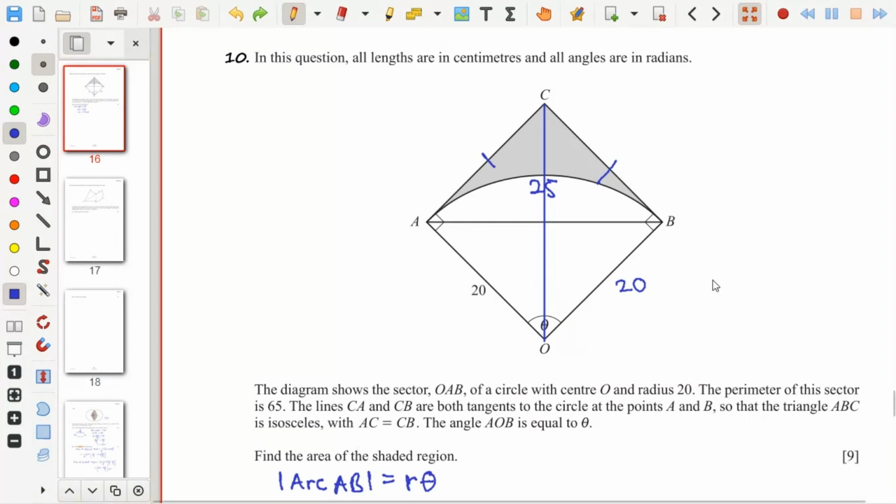When I bisect that angle, what am I going to get? So let's take the calculator and calculate it quickly. 1.25 divided by 2. I'm getting 0.625.